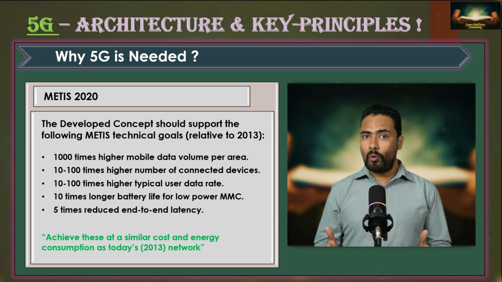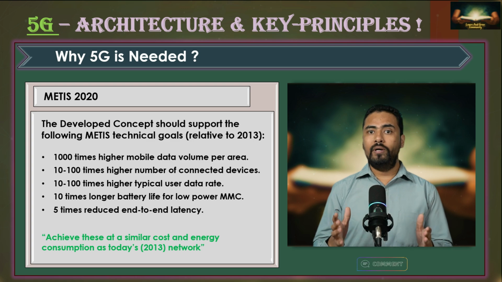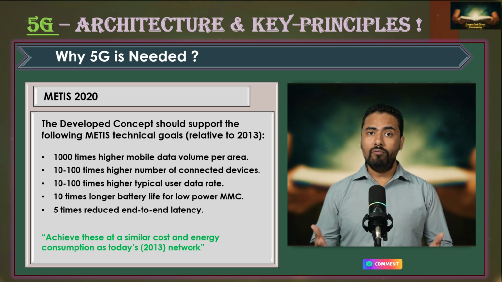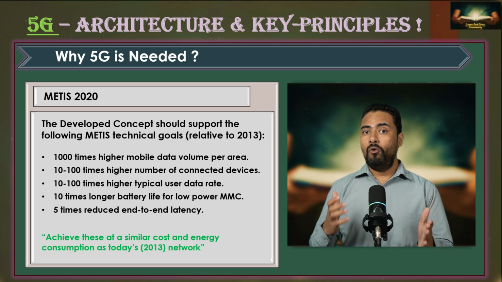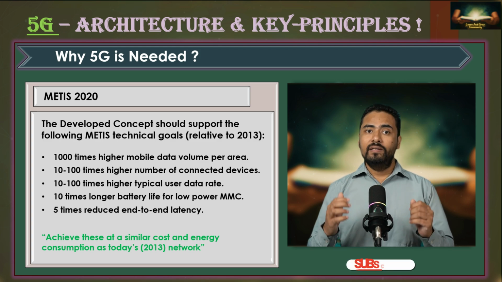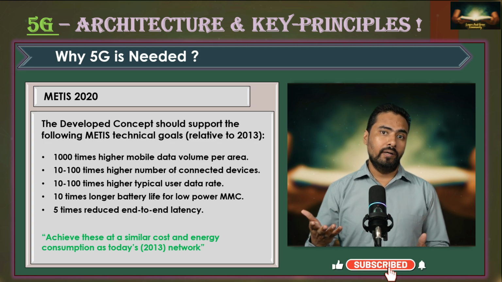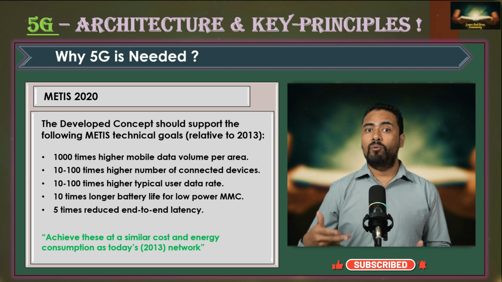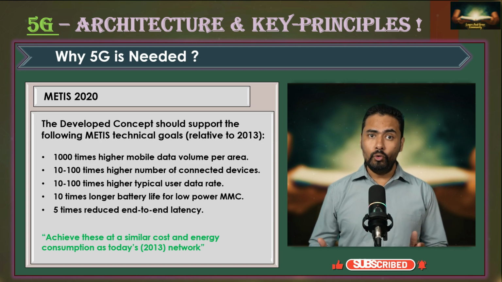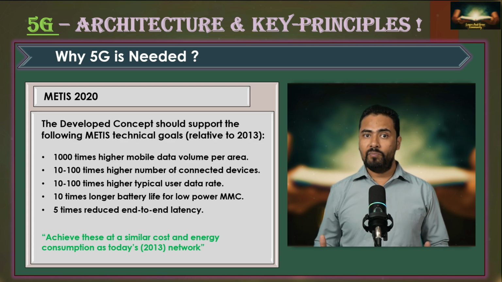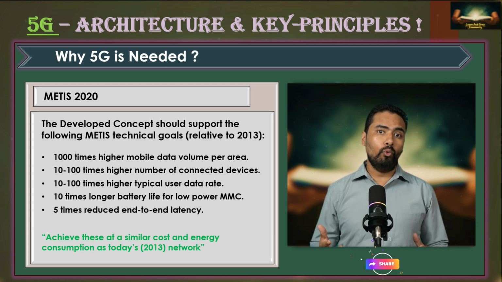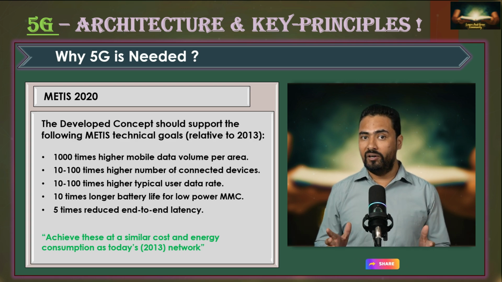They outlined the requirements for new network concepts in 2013. Our new developments and new concepts must align to meet the technical goals set by METIS. These goals, related to future network performance, include supporting 1000 times more mobile data per area. The new network should also support 10 to 100 times more connected devices.